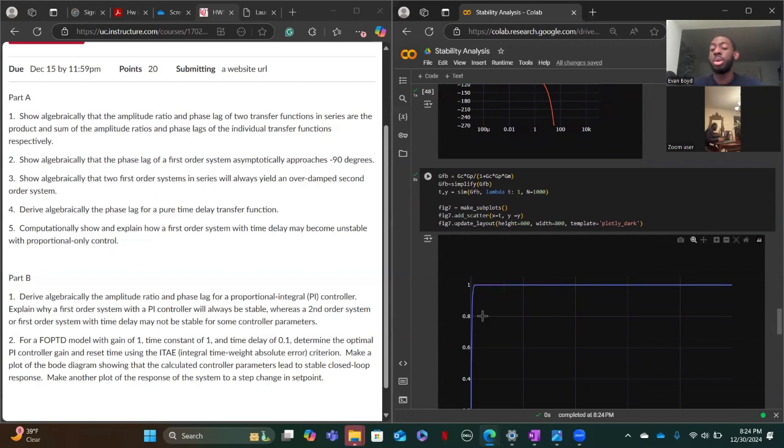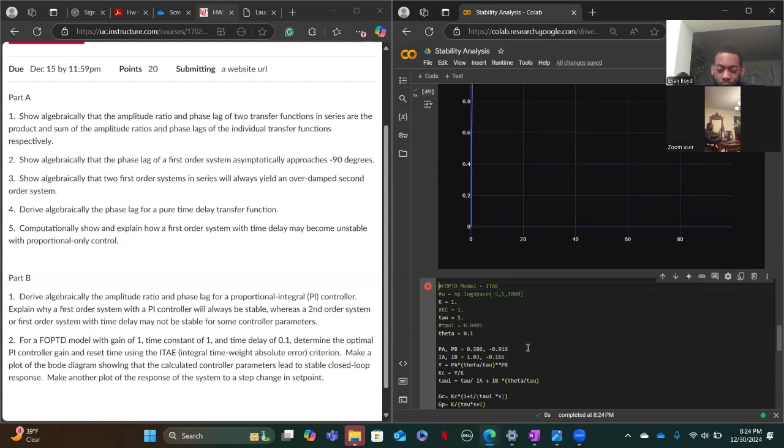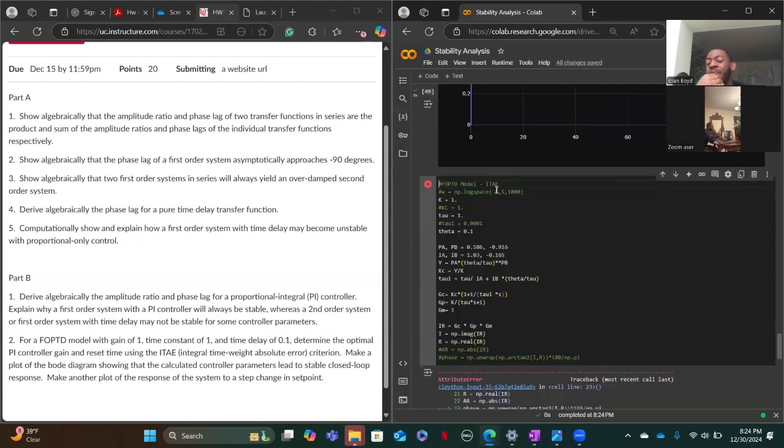It says 3.6 when it's 1, but we are trying to make it as fast as possible. So using this ITAE model should make our controller as fast and optimal as possible, using the results of the scientists who ran this experiment multiple times.